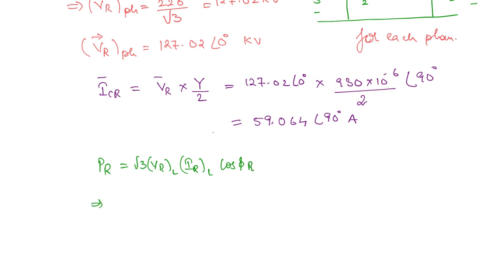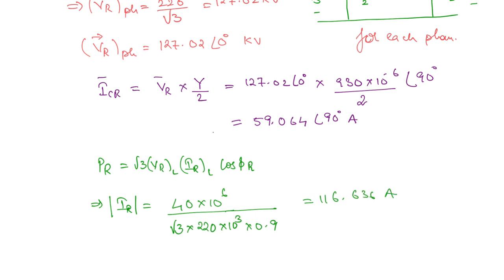So IR, the magnitude of the receiving end current, is going to be PR, which is given as 40 megawatts. So 40 into 10 to the power 6 divided by root 3 into, remember to take the line voltage here, 220 into 10 cube volts, into 0.9. Cos phi is 0.9.